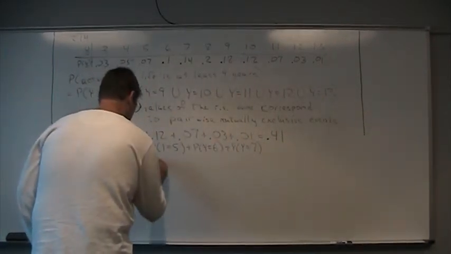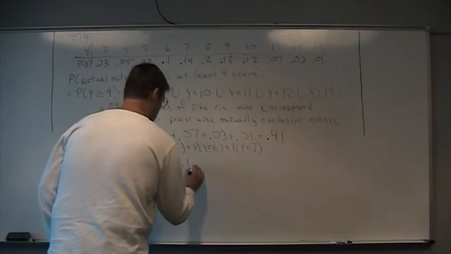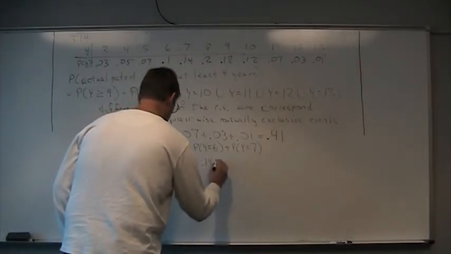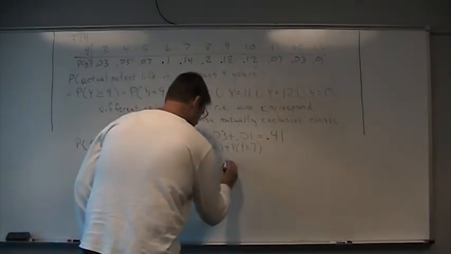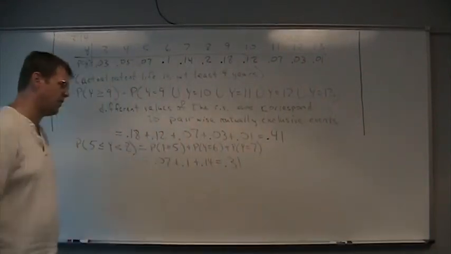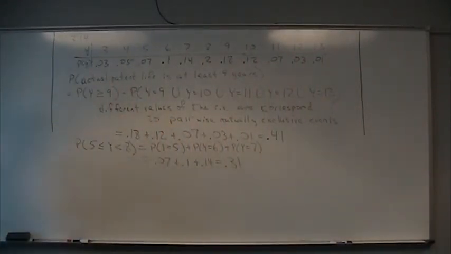That's going to be 0.07 plus 0.1 plus 0.14, and that probability is 0.31. So when you have the mass function like this, and you're asked to find one of these probabilities, essentially what you're going to be doing is adding together individual probabilities.